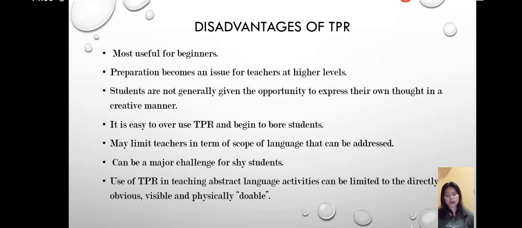It is easy to overuse TPR, which can lead to poor student engagement. It may limit the teacher in terms of the scope of language that can be addressed, and can be a major challenge for shy students. Use of TPR in teaching abstract language is limited, as activities can be limited to directly obvious, visible, and physical actions.